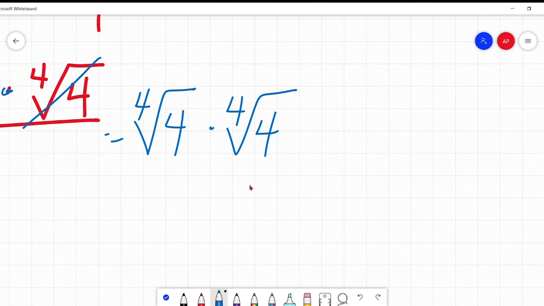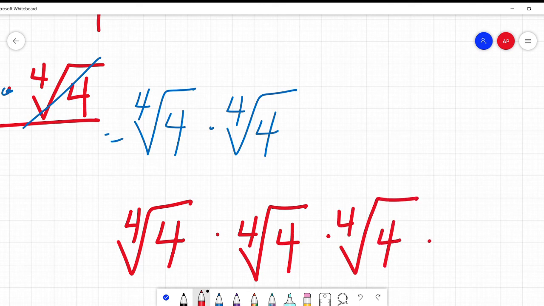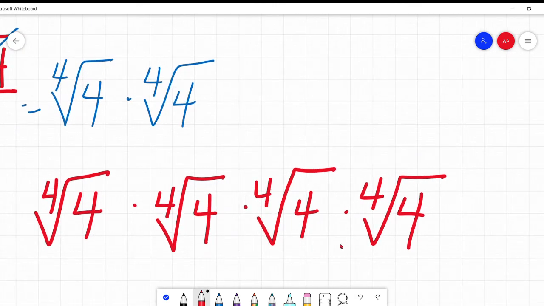And if you want to get a little technical, this is a little bit of bonus math here. If I have the 4th root of 4 times, I'm going to get 4, right? Because that's what it means. This is representing a number that when multiplied by itself 4 times, it's going to equal 4.